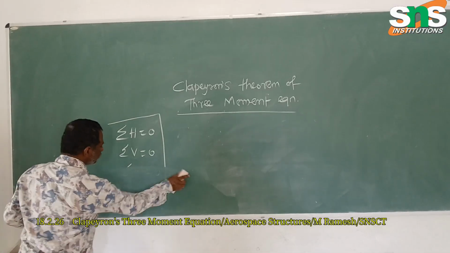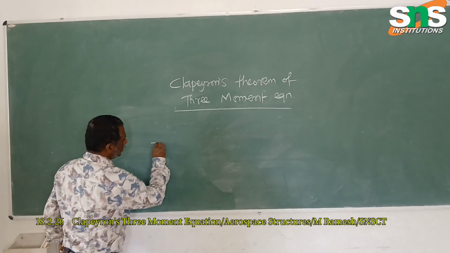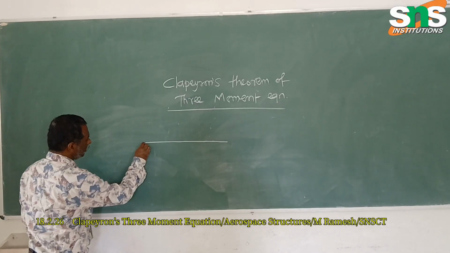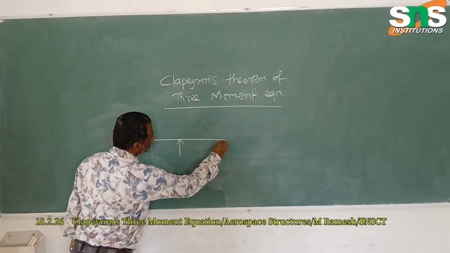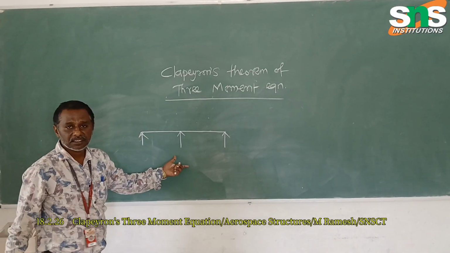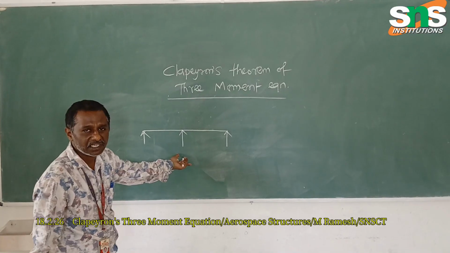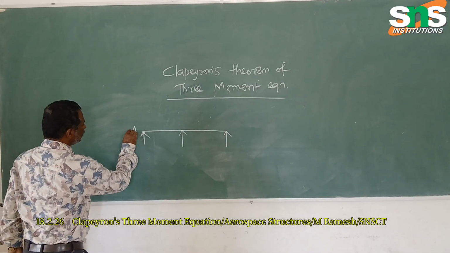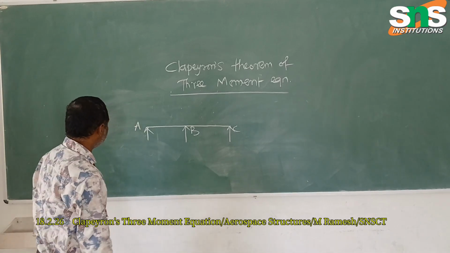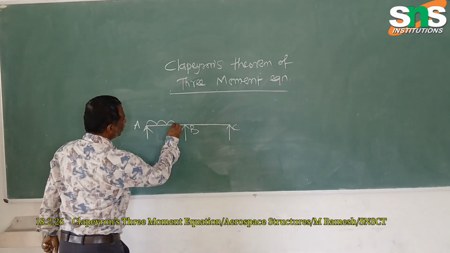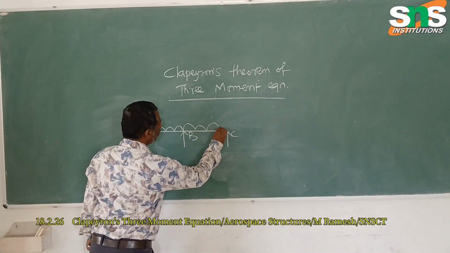Let's take a continuous beam. Let's have a support here and one more support here. So the number of supports is more than 2, here it is 3, so it is called a continuous beam. Let's take the points as A, B, and C. Let's have a UDL from A to B, and from B to C another UDL.